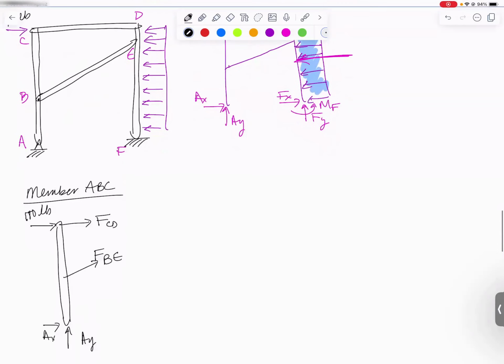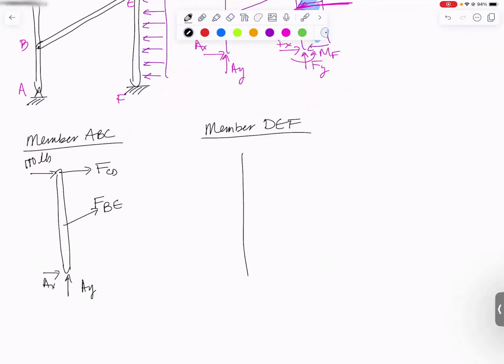I could also draw a diagram of member DEF. These are kind of the only 3 diagrams that are going to be very helpful for this problem. This diagram ends up with FBE going down to the left, FCD going off to the left. It'll have my overall pink force, I'll make it pink again, from my distributed load.